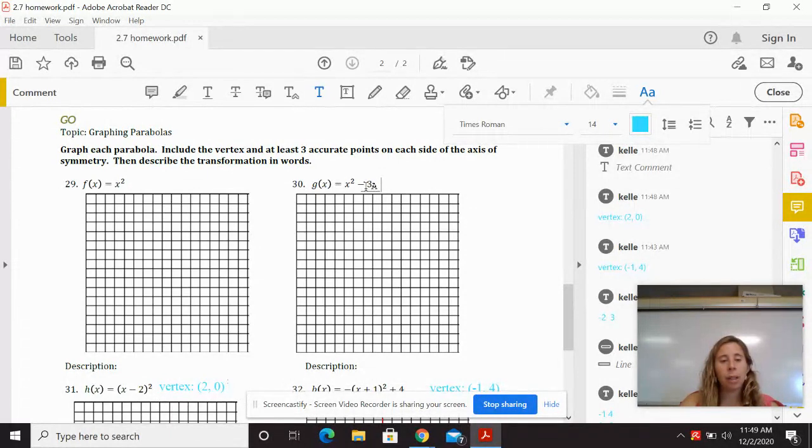So it's going to be the same shape. It's just moving down 3. Your vertex for this one, your x stays the same. It's still 0. We're just moving down 3. Your x values will all be the same. Your y values just all move down 3.